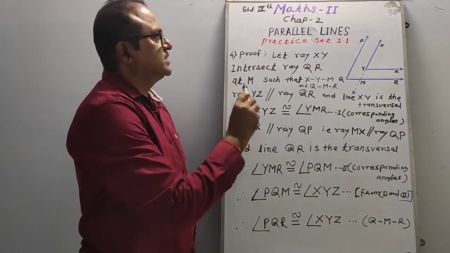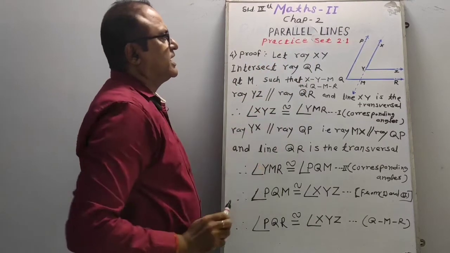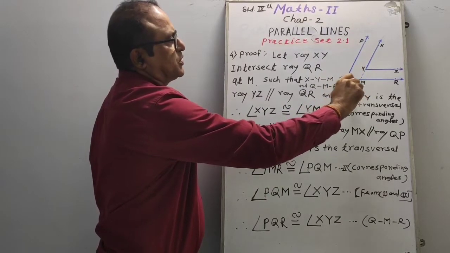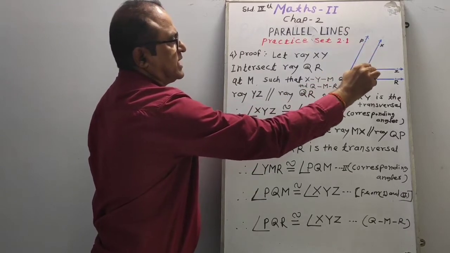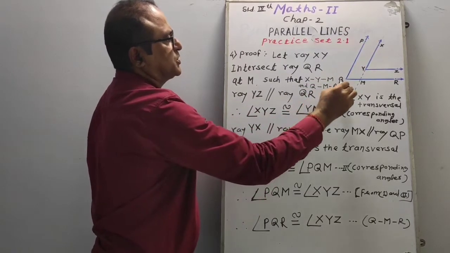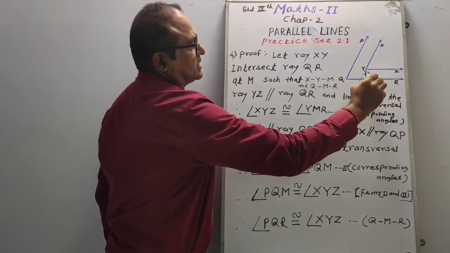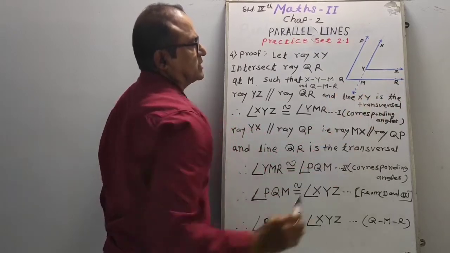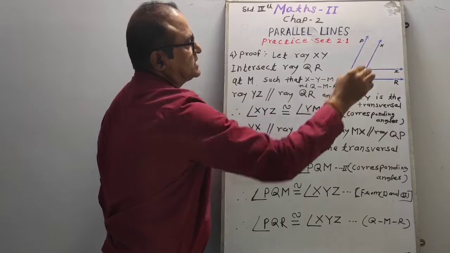Let's see the proof. Let ray XY intersect ray QR at point M such that X-Y-M and Q-M-R. First take ray YZ parallel to ray QR, and XY is the transversal.